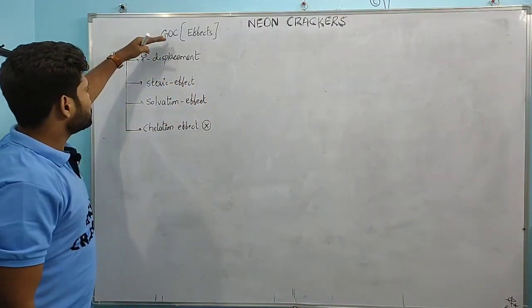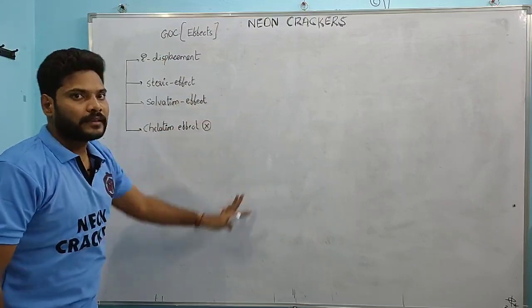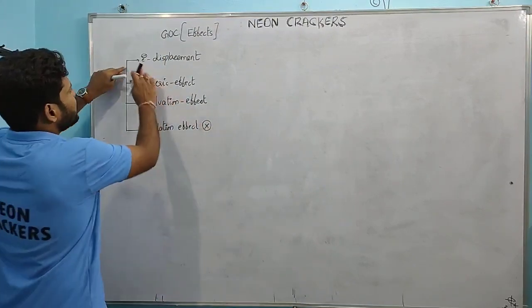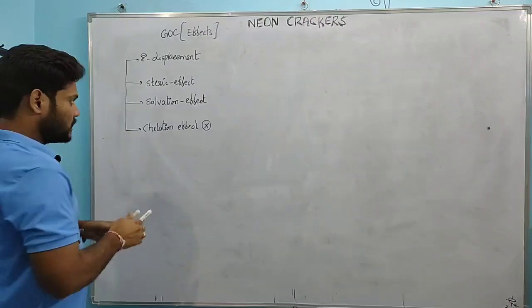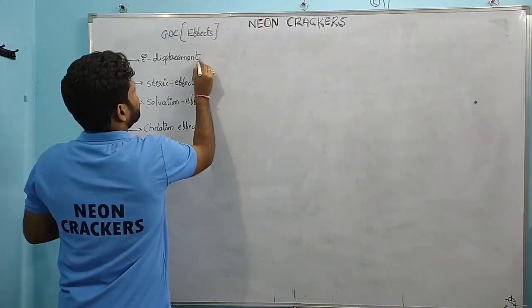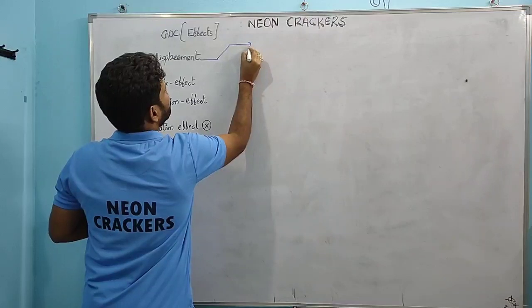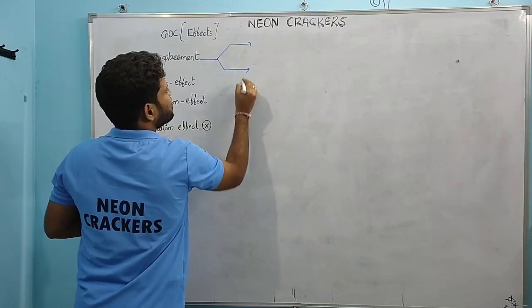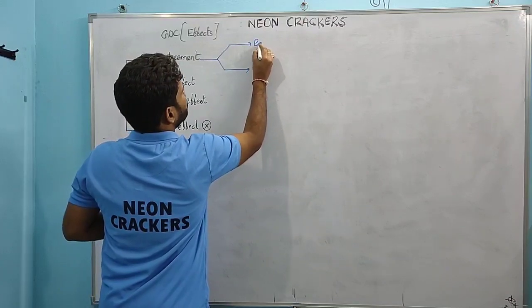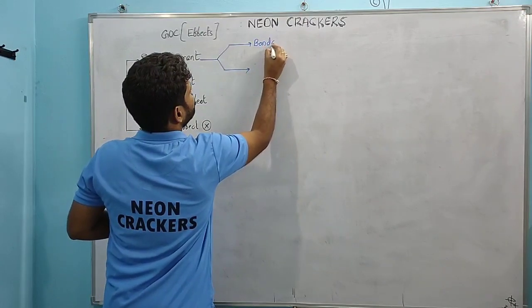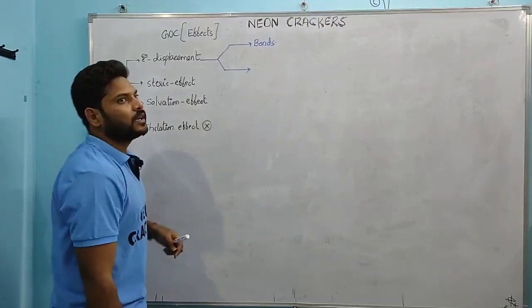If you observe multiple effects, then how do we find the trend? First, electronic displacement. How many types of electronic displacement reactions are there? There are two types. The first is through bonds, sigma bond or pi bond or whatever.